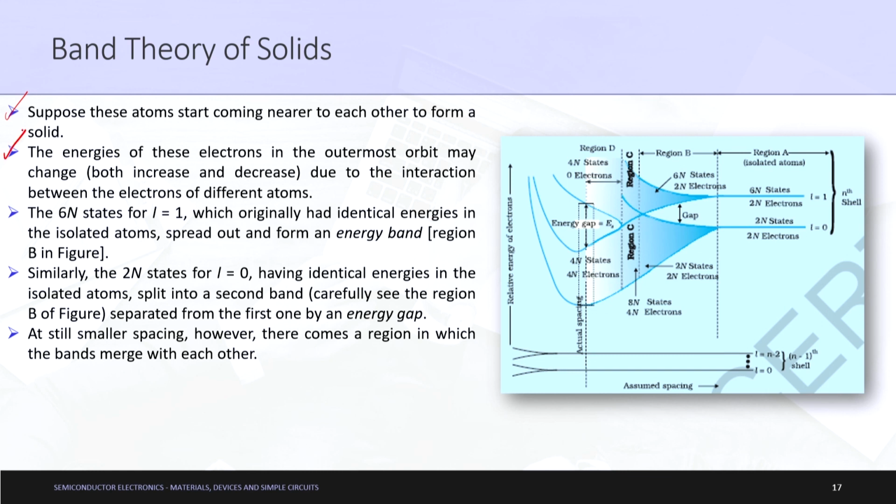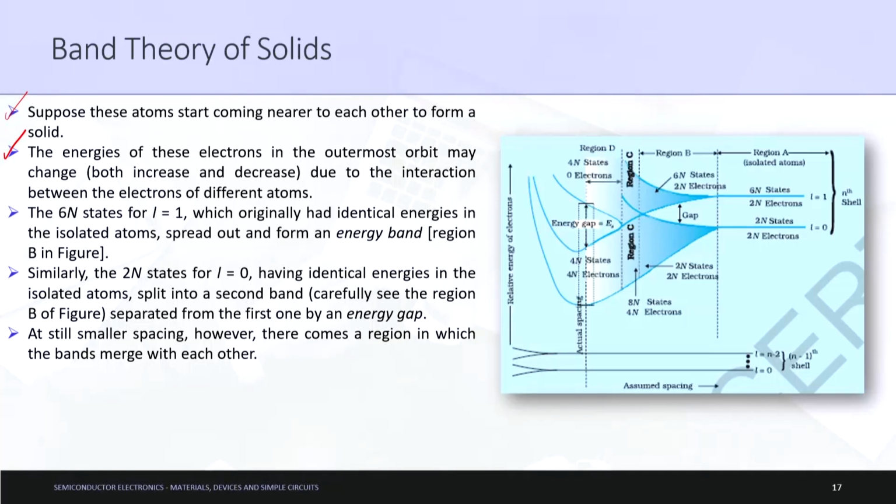We have already been discussing that there is fluctuation in the outermost valence electrons due to the activity of the nearby atoms.